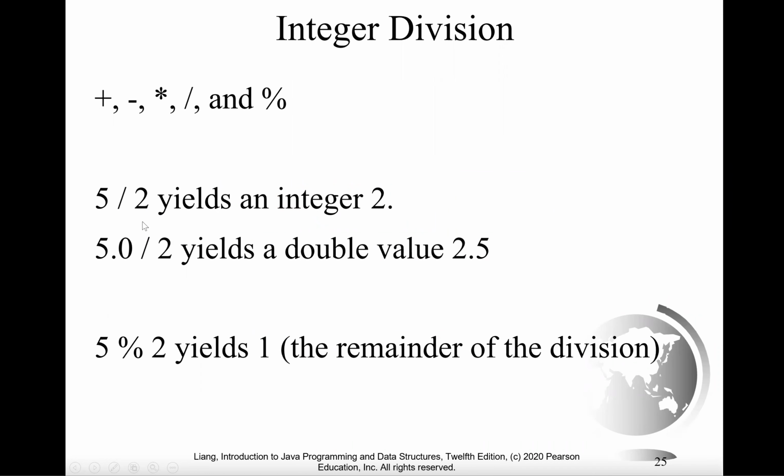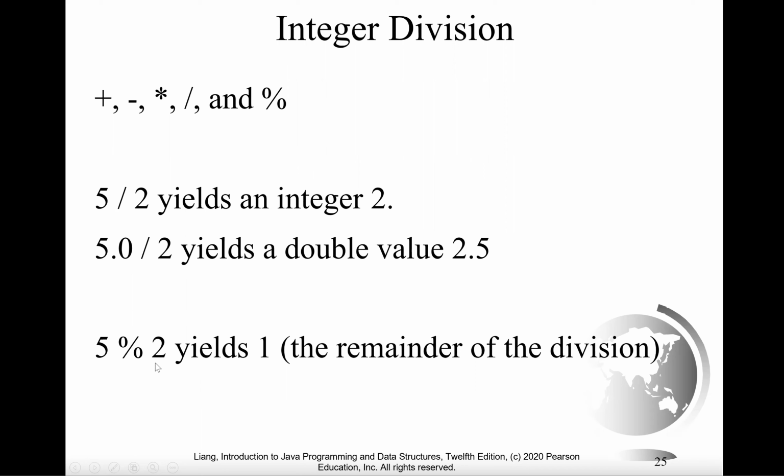For division, if both numbers are integers, the result is an integer. 5 divided by 2 is not 2.5, it is 2. The fractional part is truncated. If you want to get 2.5, you use 5.0 divided by 2.